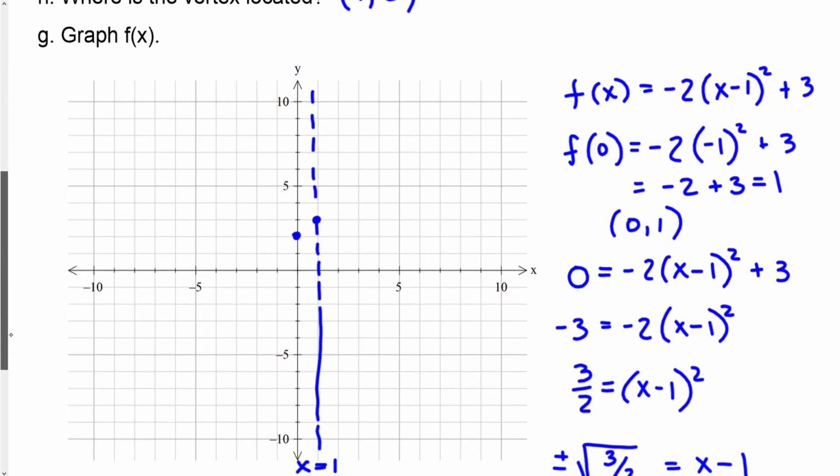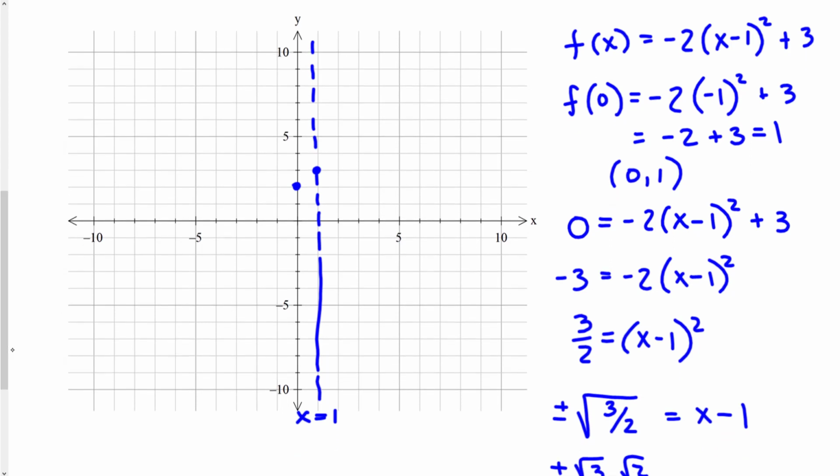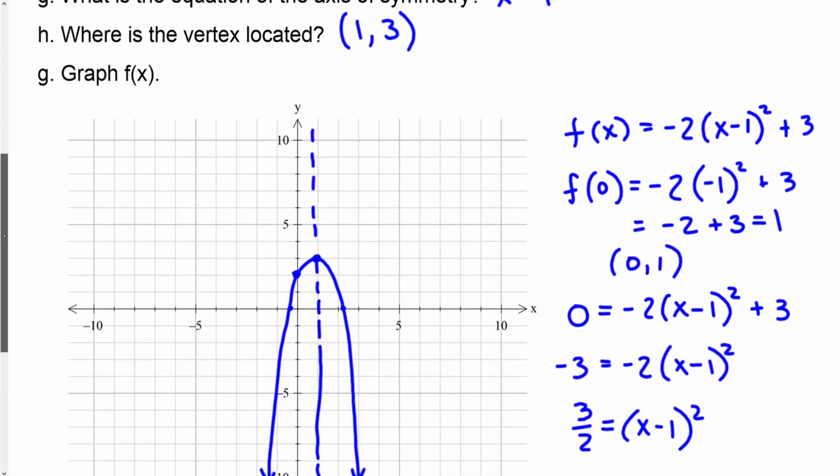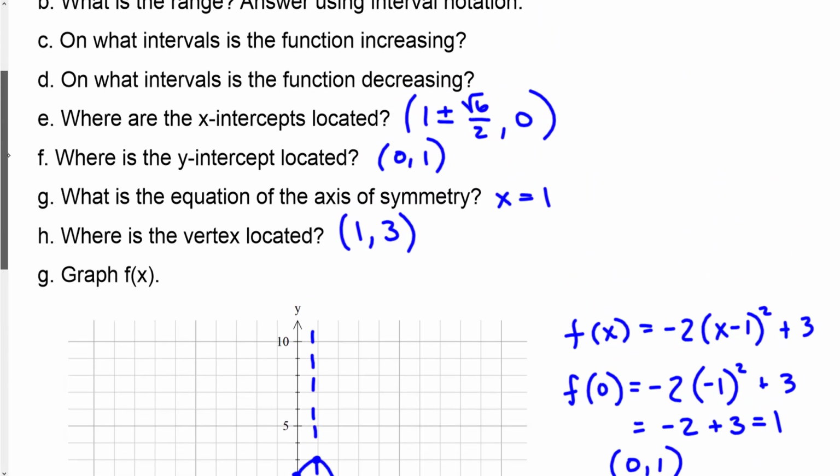So 2.2 would be, say, right there. Negative 0.2 might be right there, for instance. So those are where my x-intercepts are. Now, I really do have enough to get a pretty decent idea of what my parabola looks like. You know, it's going to go through those points and then have the same shape basically on the other side. So there's my graph. Let me go ahead and fill in the rest of these details here.